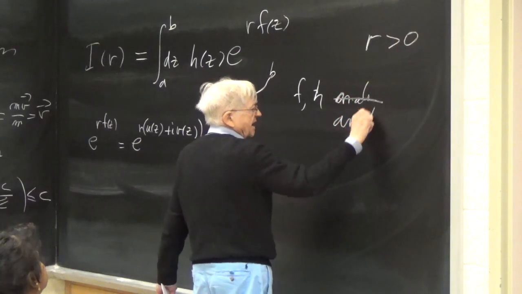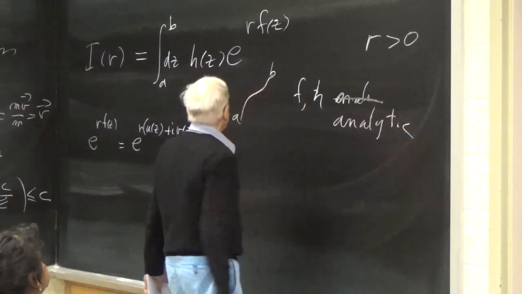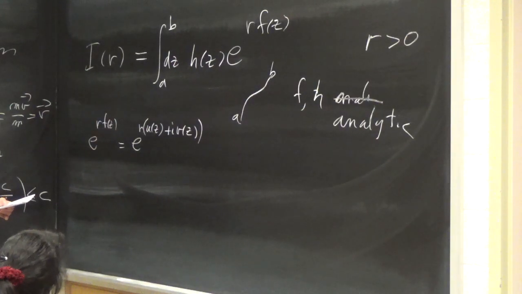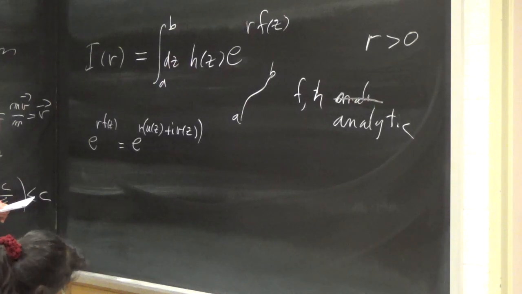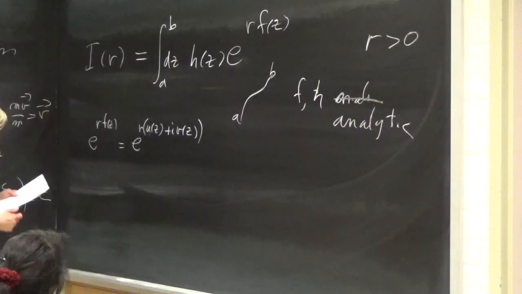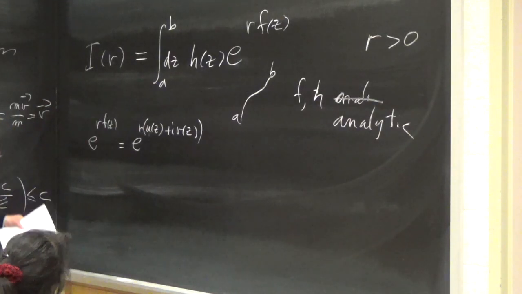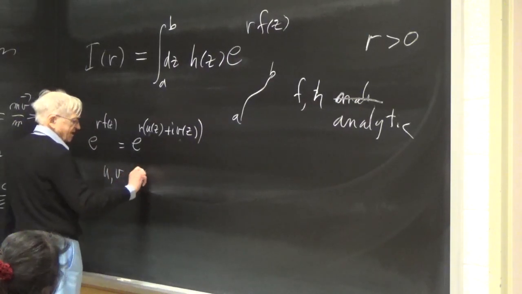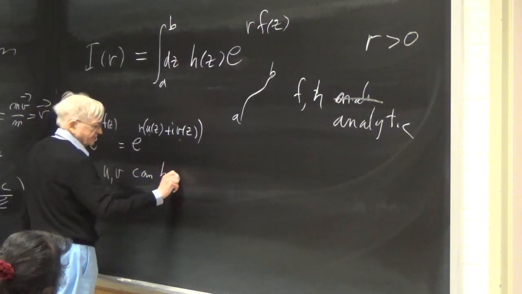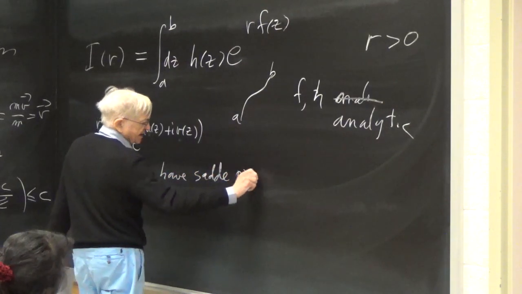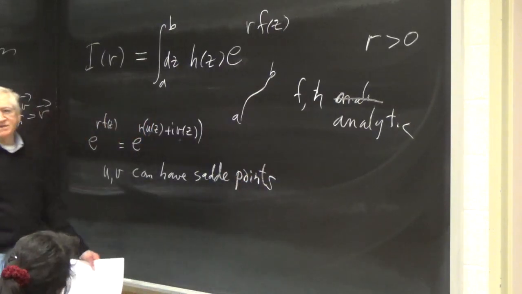And analytic in this region. And I'm also going to imagine that U here, well, first of all, what about U? What we know is that U and V can have saddle points. They can have saddle points, but they can't have maxima or minima.